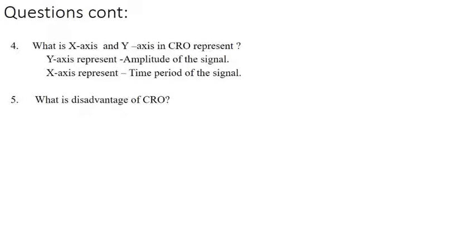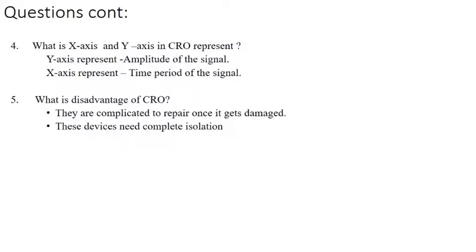What is the disadvantage of the CRO? Once it gets damaged, it is complicated to repair. The device needs complete isolation, so we cannot connect it directly to high power. We need a separate isolation, such as an isolation transformer or some other isolation, in order to measure high voltage or high power.